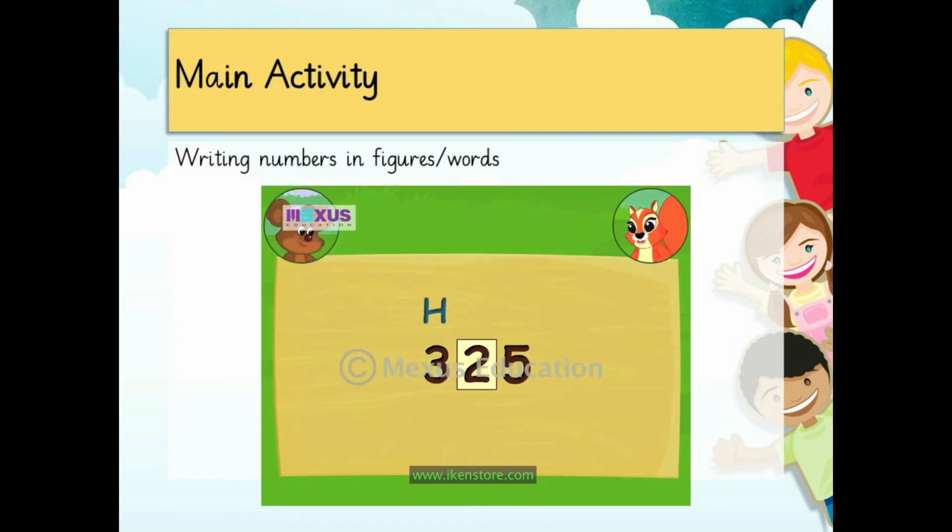Digit 2 is in the tens place and the digit 5 is in the ones place. That's right. Let us see how to read this number. The number in the hundreds place is 3. The last two numbers together are read as 25. So, the number is 325. It is written like this.